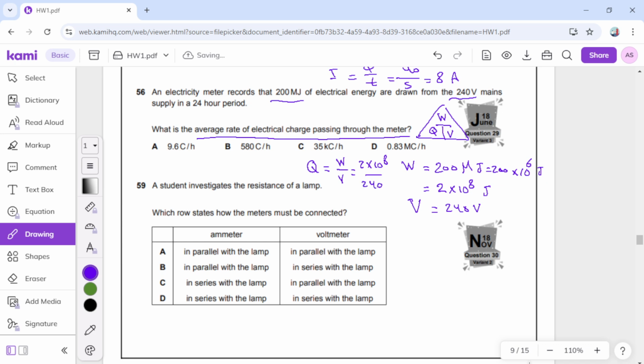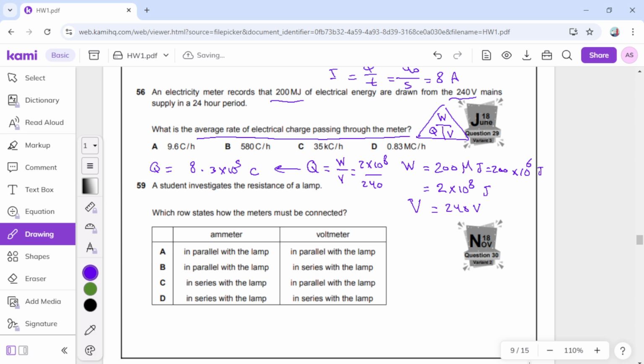240. Now I will use my calculator. 2 multiply 10 power 8 divided by 240 equals 8.3. So now Q is 8.3 multiply 10 power 5. Now this is the charge in coulomb.